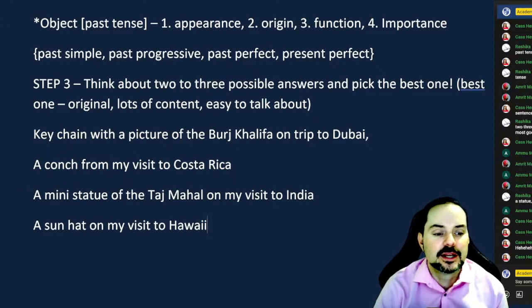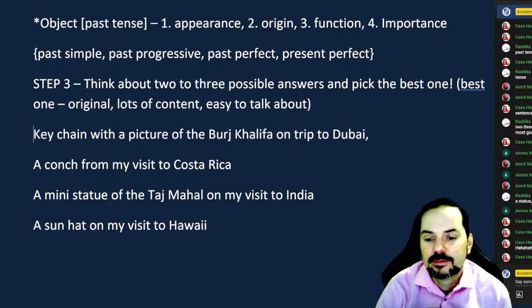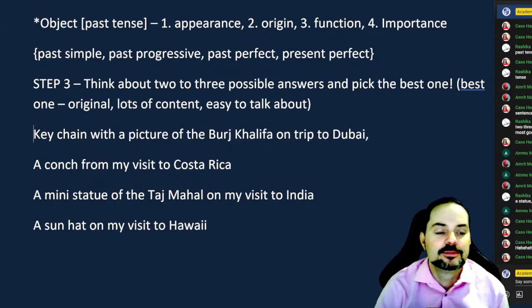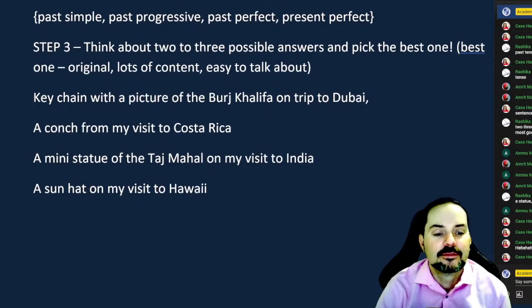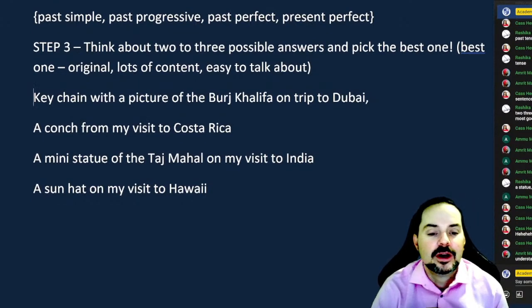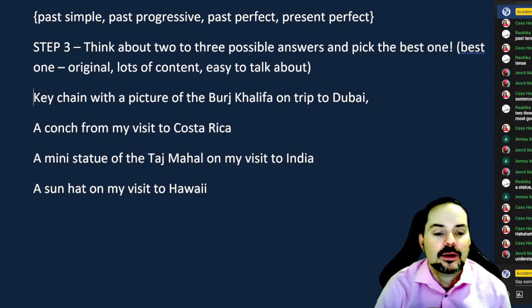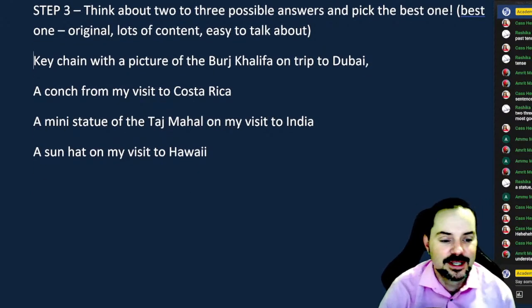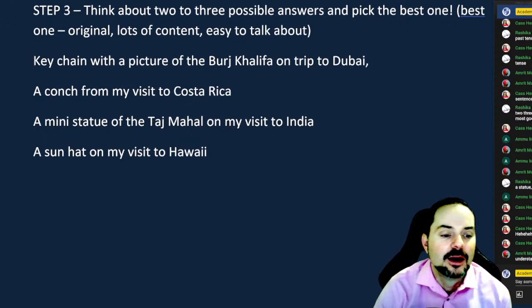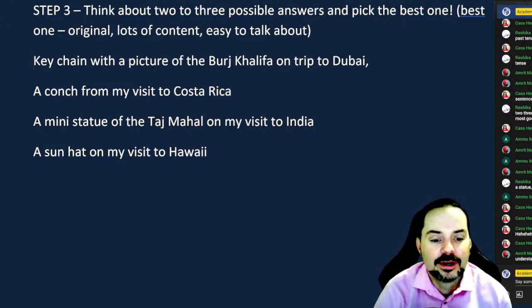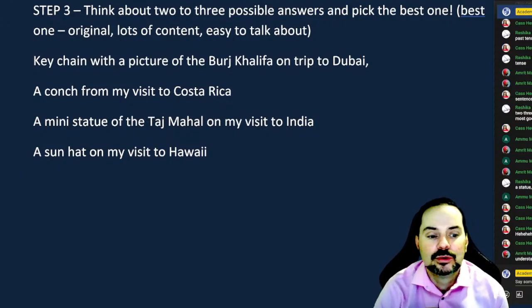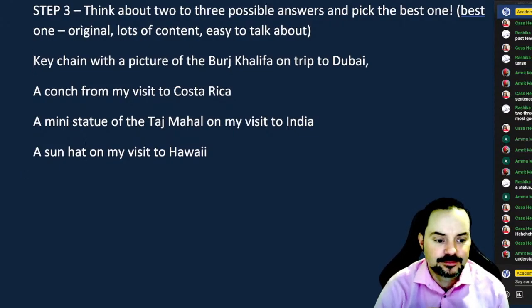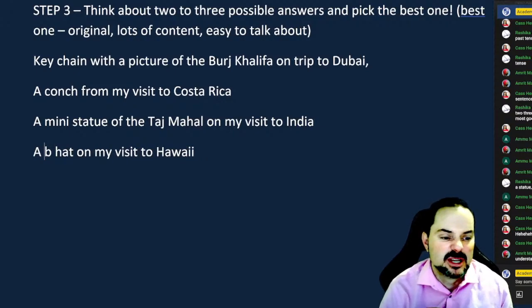So it could be a keychain with a picture of the Burj Khalifa on your trip to Dubai, a conch from your visit to Costa Rica, or a mini statue of the Taj Mahal on your visit to India, or a sun hat on your visit to Hawaii. Instead of a sun hat, let's make it a baseball hat.